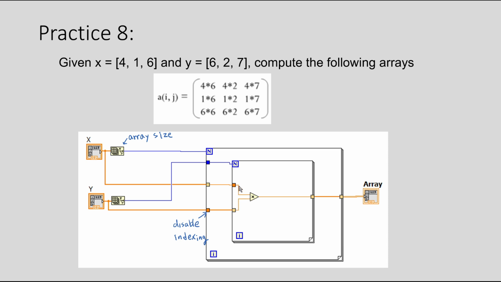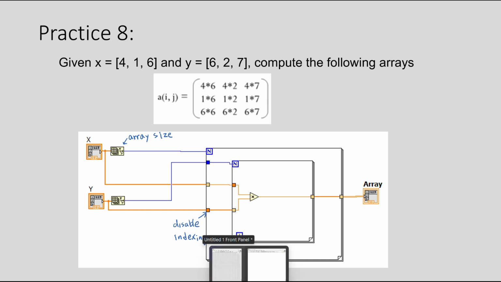So this is 4 and this is 6, 2, 7, depending on these iterations. That's why the first row, the 3 elements, will be created, and next the 1, the second element of X, passes through here, and then 6, 2, 7 is iterated, so multiply them and so on.